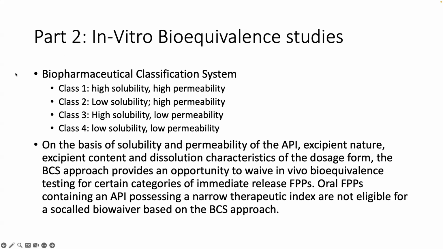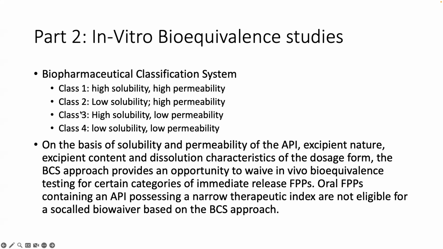And so it was decided that we could classify medicines, right? Class 1, medicines with high solubility and high permeability will be regarded as class 1. In class 2, medicines with low solubility but high permeability as such. And then in class 3, high solubility but low permeability.